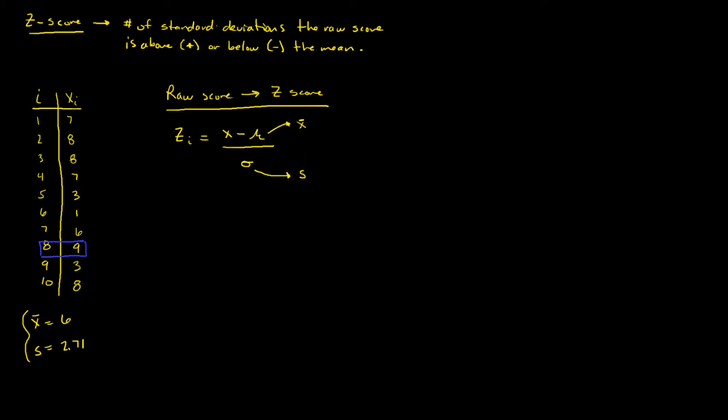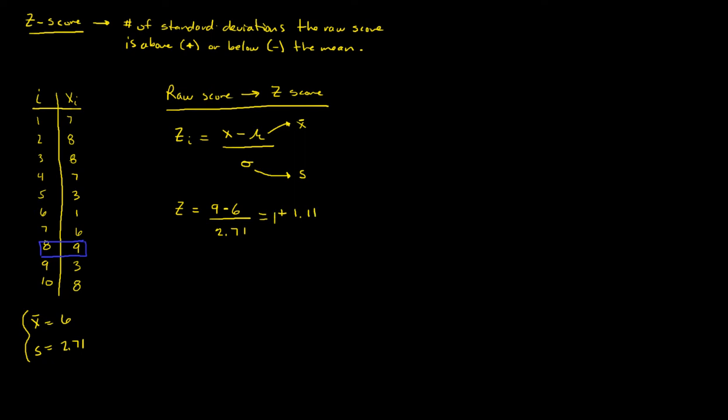My z-score would be z equals 9, number of years employed, minus the sample mean, this 6, so 9 minus 6, divided by the standard deviation for this particular group of observations, which was 2.71.